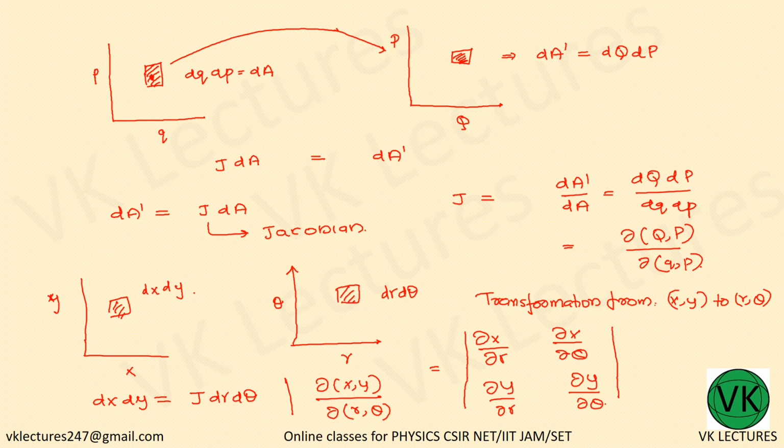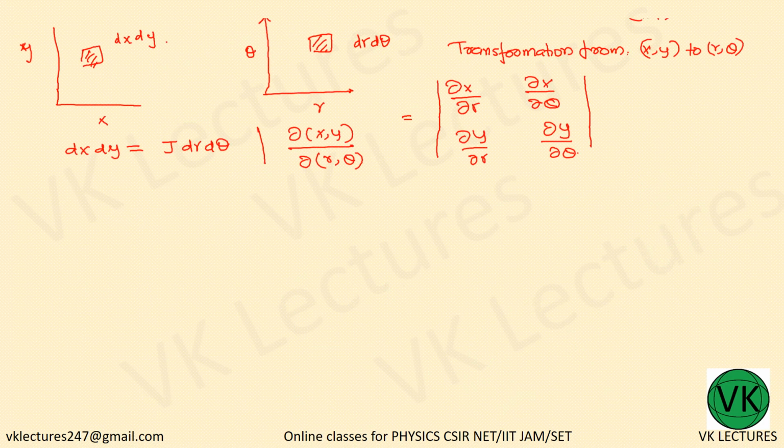So we have to write x and y in terms of r and theta. Here x is equal to r cos theta and y is equal to r sin theta. Dou x by dou r, dou x by dou theta, dou y by dou r, and dou y by dou theta is what we need to find.